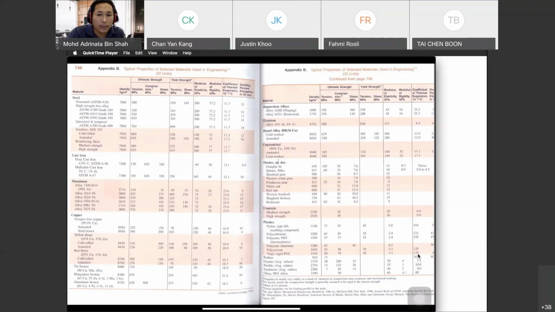From the first material, that is in megapascal.